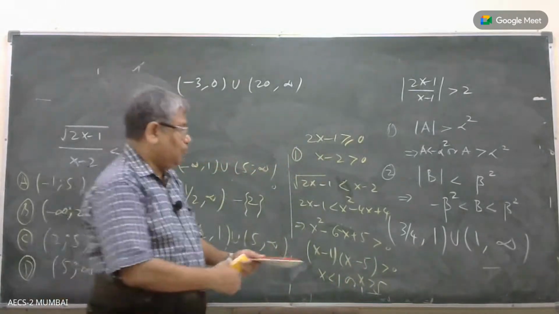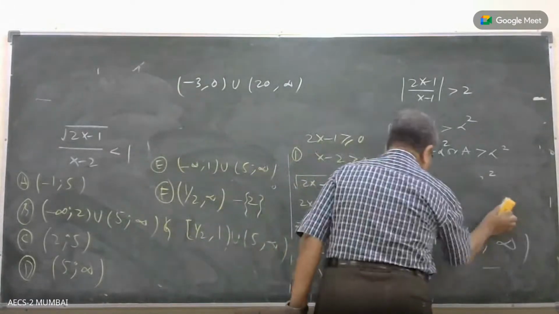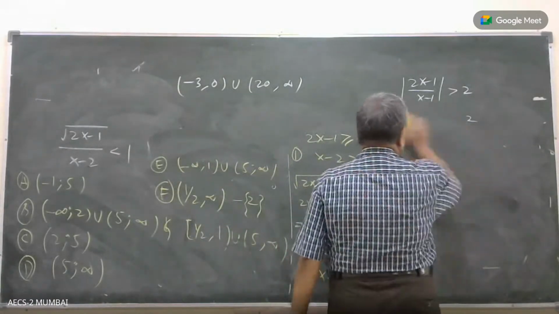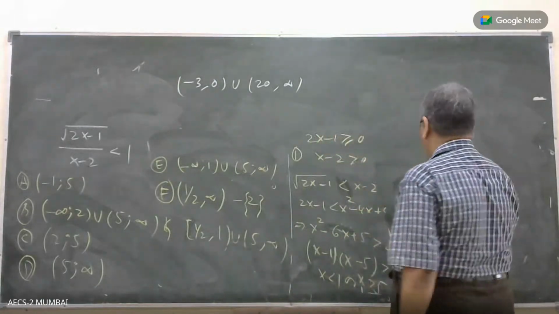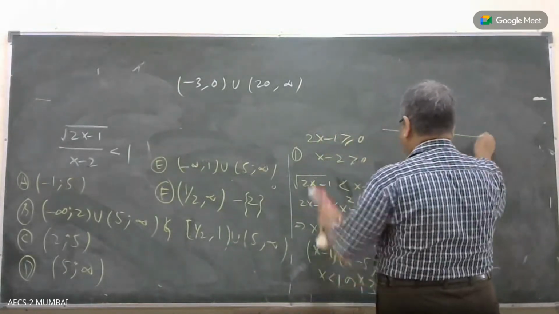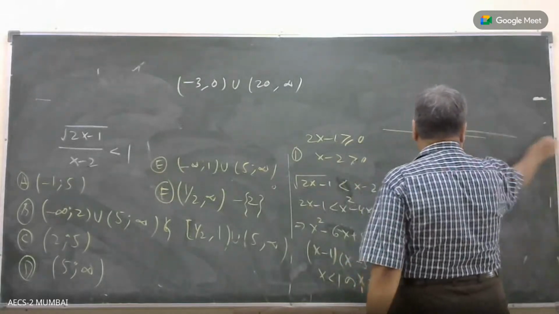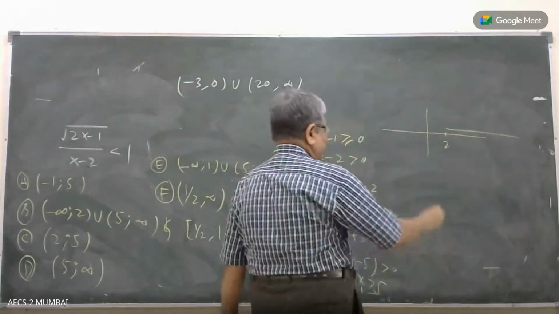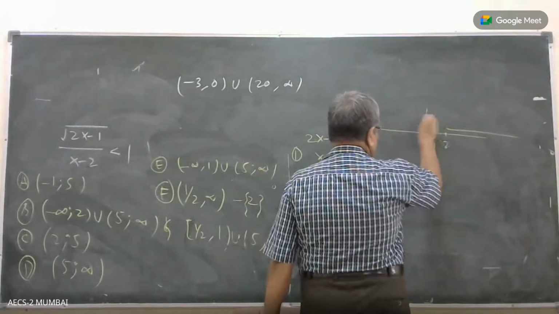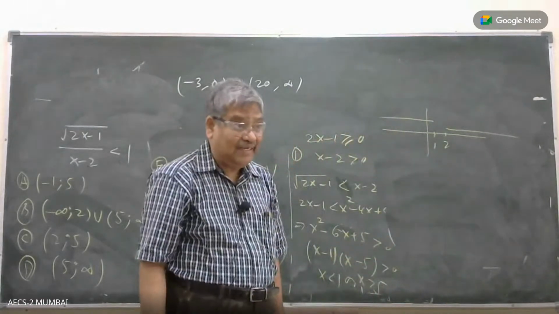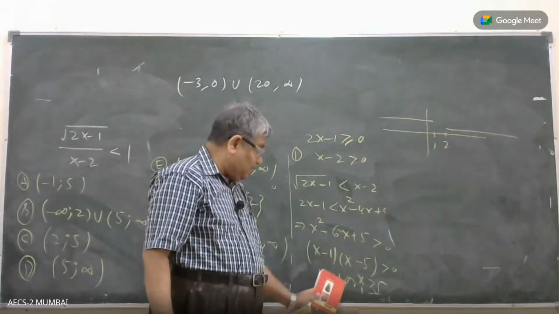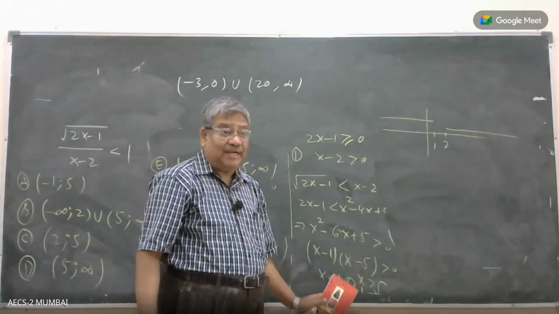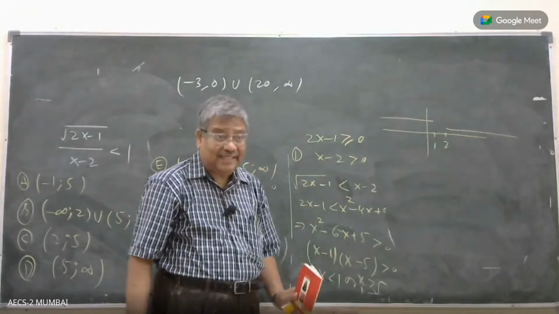Correct? So now, this and this overlap of this. X is greater than 2 and this was x is less than 1. They should be at a different height. And whenever it is x is less than 1 or this will be a single broken line at the same height.